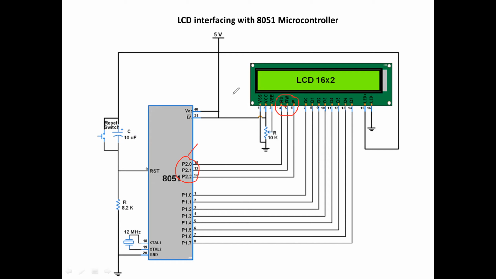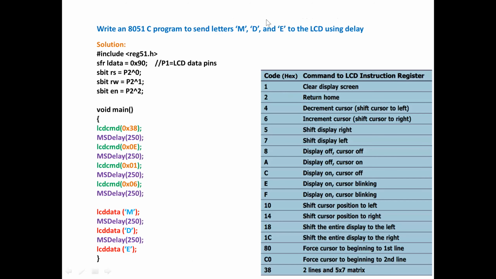That's why I'm initializing. In my program, I'm taking these 3 pins: P2.0, that is port 2.1, 1 pin, port 2.2, 2 pin. So I'm assigning them to variables.